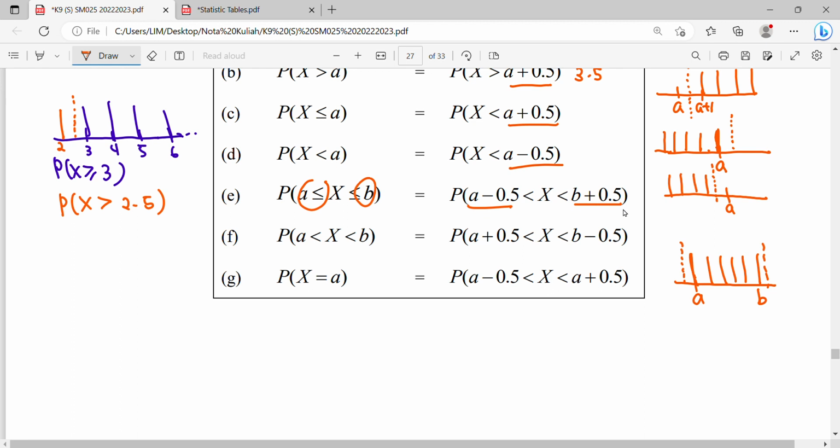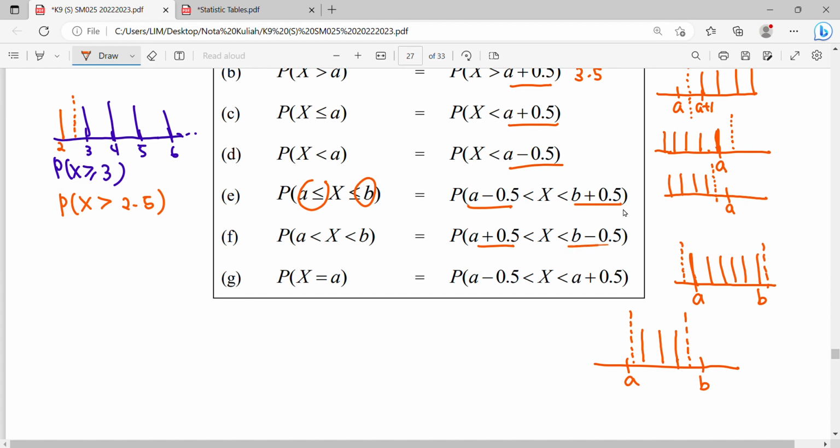Okay, so teruskan. Kalau not included, A, B, if you not included, A sini ada discrete ke? Tak ada. So after A. Sampai B tak? Tak. So you punya boundary, we can do after A, before B. So when you after A, we plus 0.5.